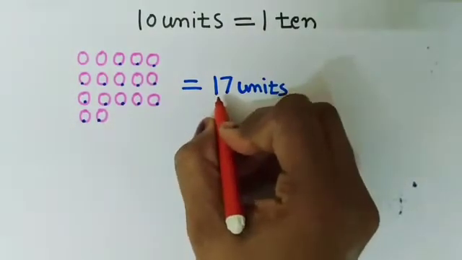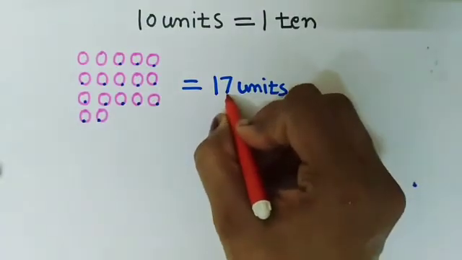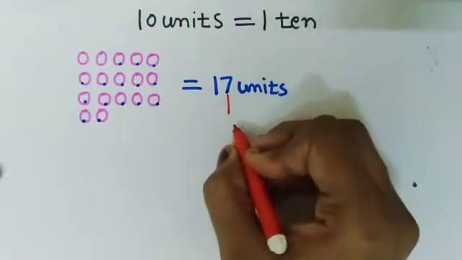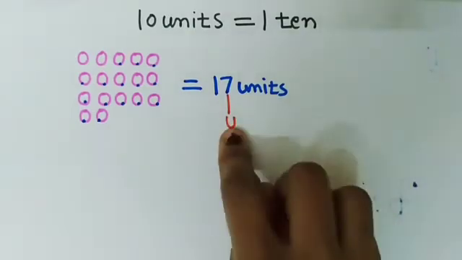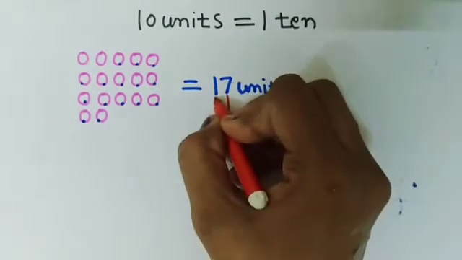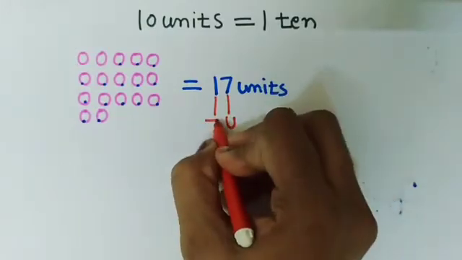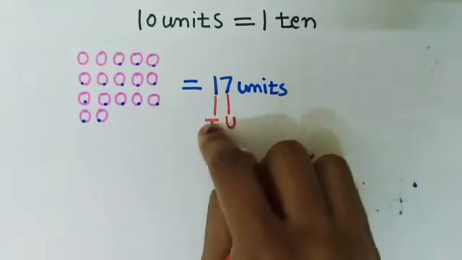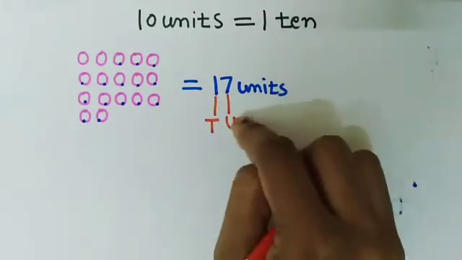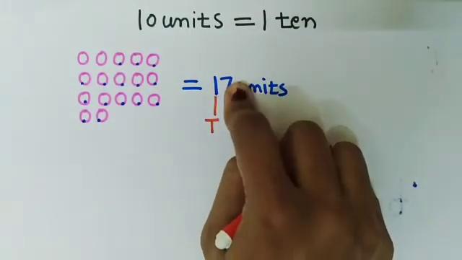If you write the number 17, on the right hand side you have the unit place and on the left side it will be the tens place. So how many tens do we have here? 1 ten. And how many units? 7 units.